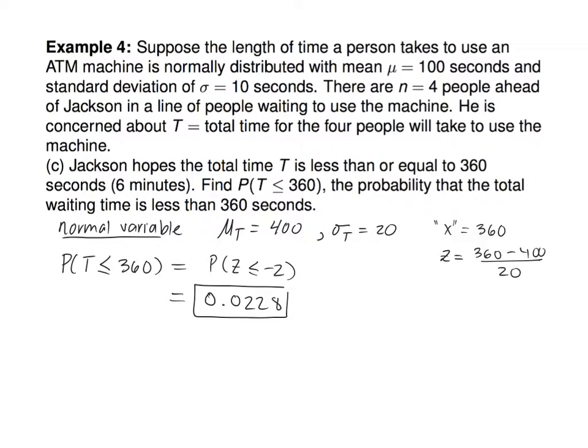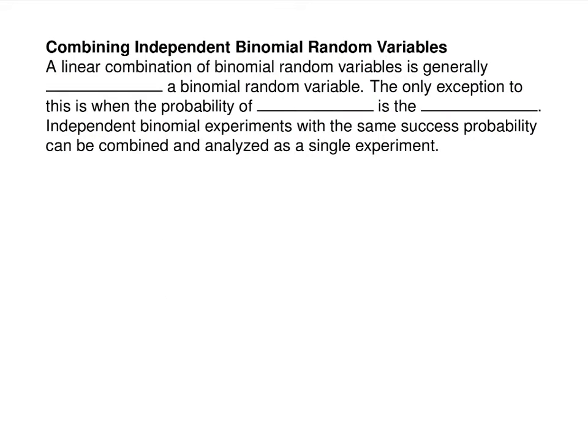Okay, so that's how you combine random variables that are normal. We're not going to do anything significantly more complicated than that, okay? If you have binomial random variables and you combine them, generally speaking the result is not another binomial random variable. The only exception is when the probability of success is the same.